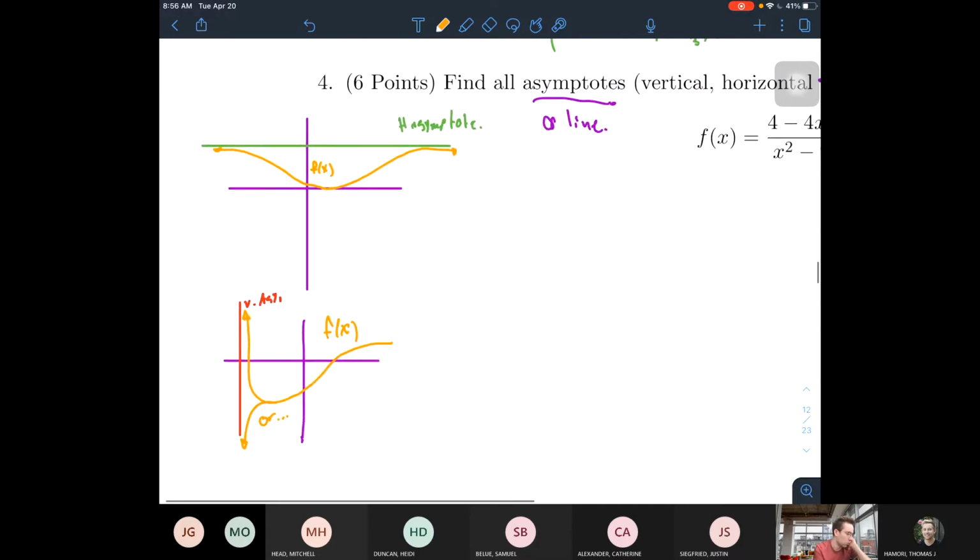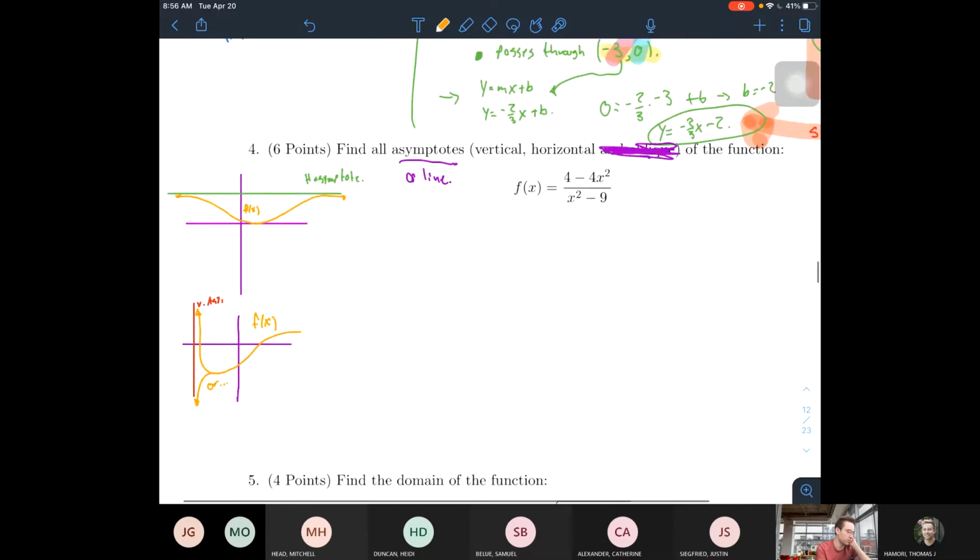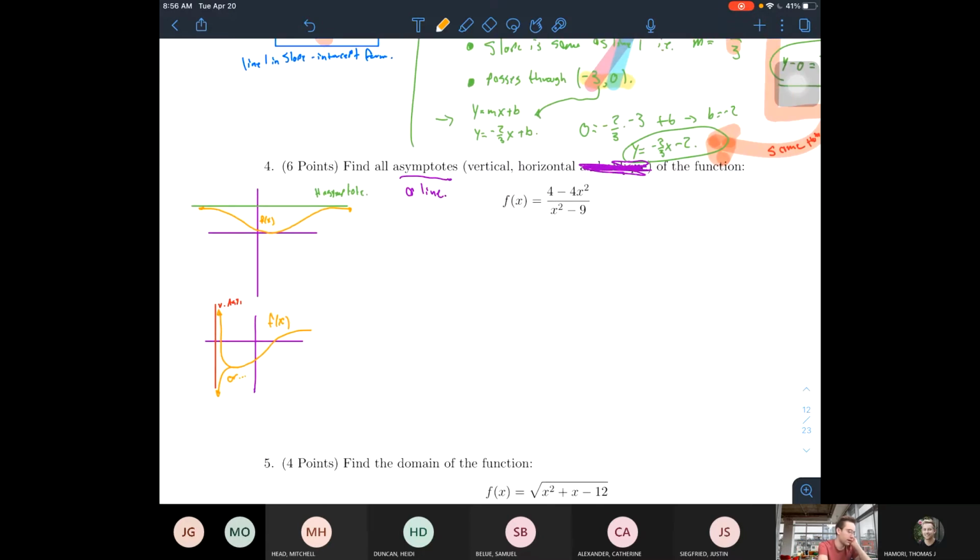So when is that going to happen? When are we going to have a vertical asymptote when our function is defined by a rational expression? Can someone fill in the blank here of when we're going to have a vertical asymptote?